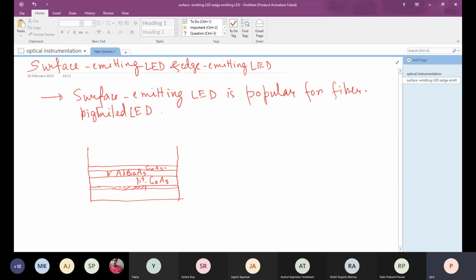It is also P minus minus. Then we have N plus heavily doped aluminium gallium arsenide.